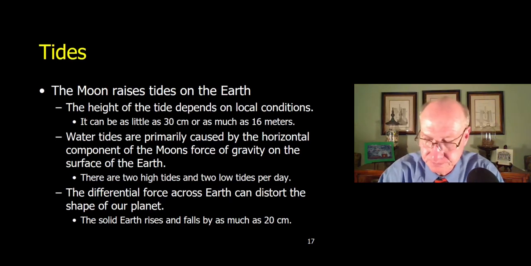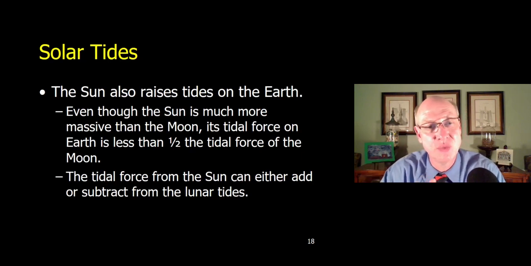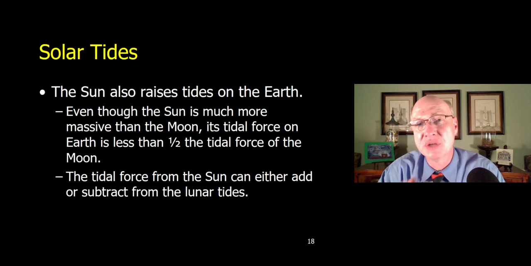Now, it turns out the moon is not the only thing that raises tides on the Earth. The sun raises tides as well. Although the sun is much, much more massive than the moon, it is also a lot farther away. Because the force of gravity drops off as the distance squared, remember the equation is G m1 m2 over the distance squared, the sun's gravity is weaker when it comes to causing the tides.